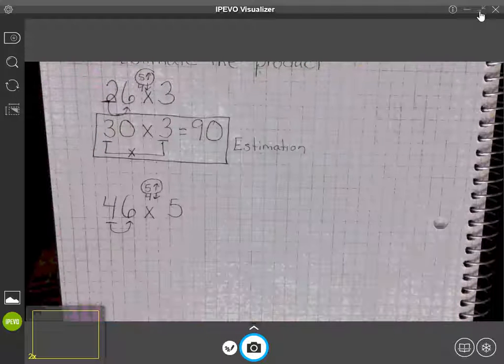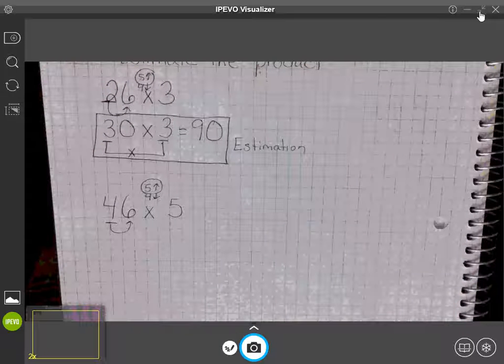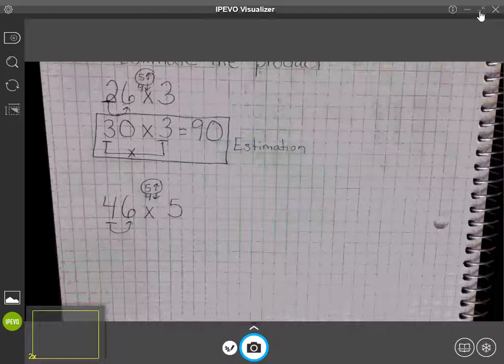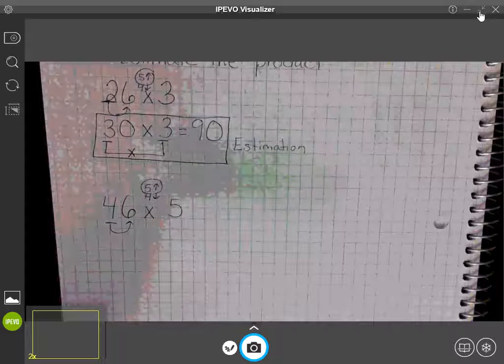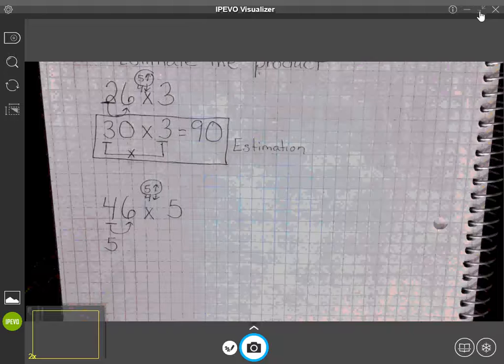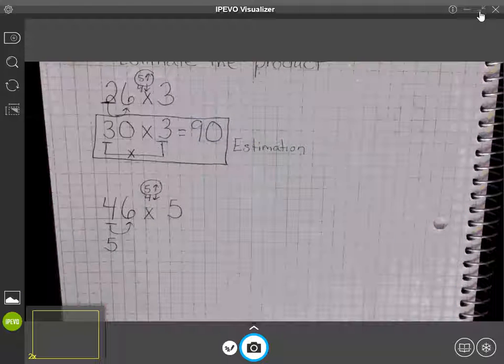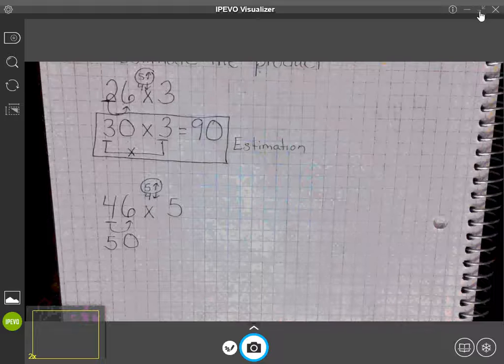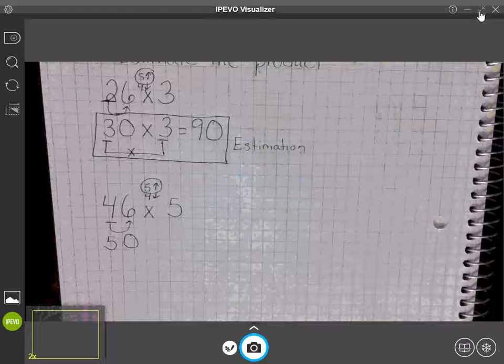So remember, that 6 is bossy because it's greater than 5. So it's going to tell that 4 to become a 5. Okay? And then everything behind that 4 here is going to turn into a 0. So that 46, when rounded to the greatest place value, is 50.